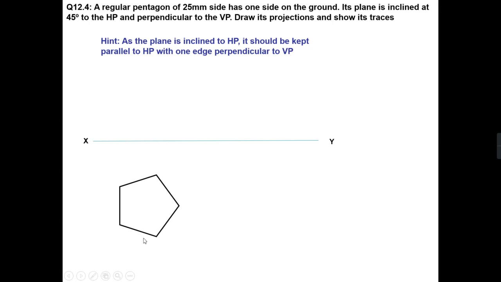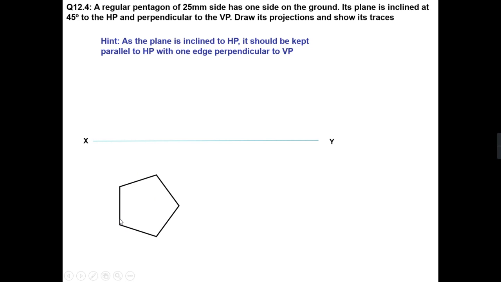So if you calculate the internal angles, you will get 108 degrees. Like in a rectangle it is 90 degrees; in a hexagon, if you calculate it, it is 120 degrees. So these internal angles are nothing but 108 degrees. By that you can draw the pentagon.